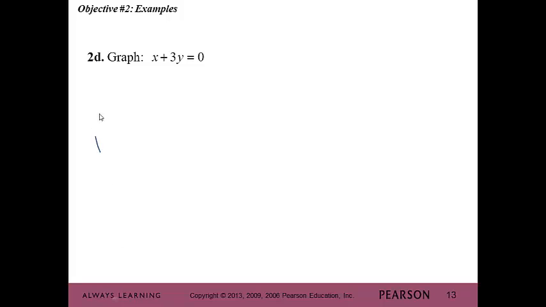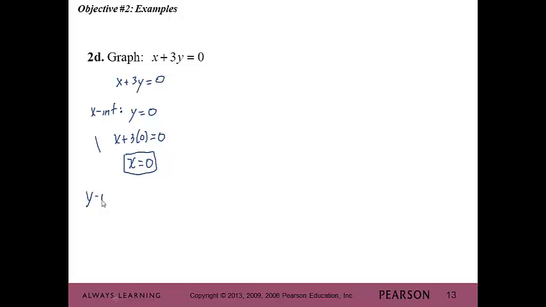All right, let's graph x plus 3y equals 0. So again, we're going to start by finding our x-intercept. And we know that means y equals 0. So we have x equals 0.